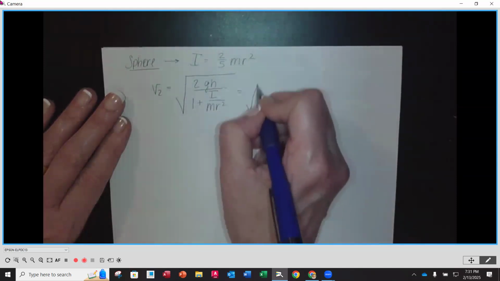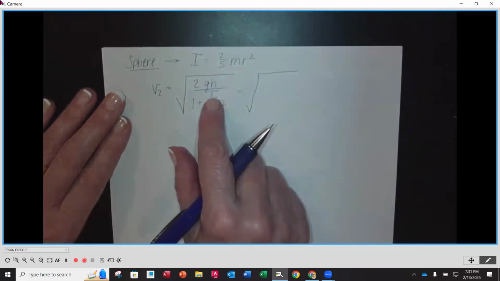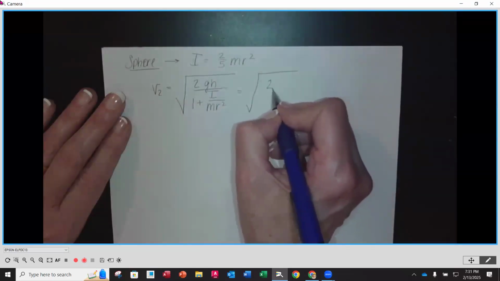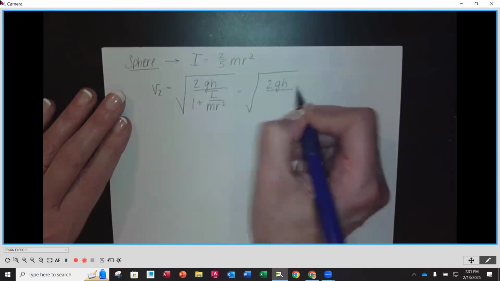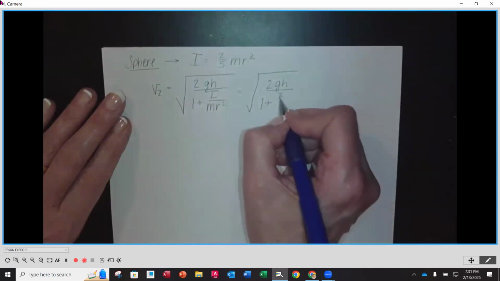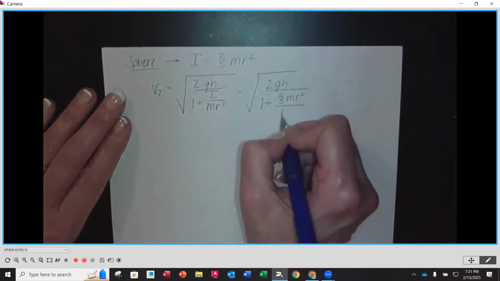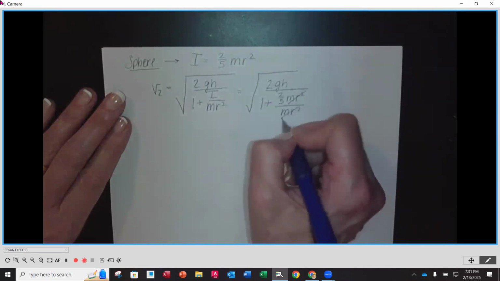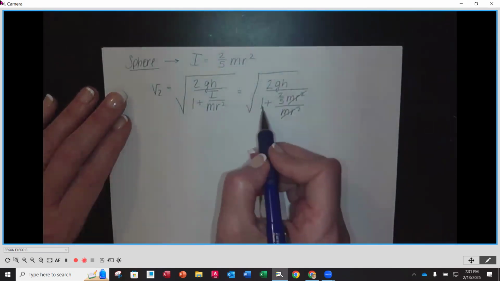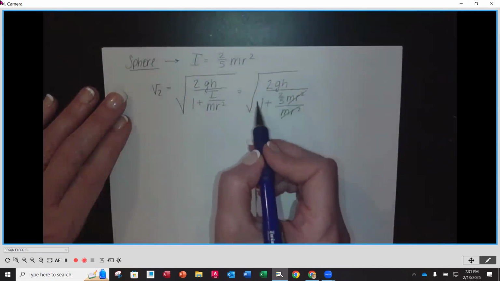Now I'm going to substitute in my value for I, 2/5 mr squared. So on top is going to be 2gh divided by 1 plus 2/5 mr squared divided by mr squared. The mr squared cancels top to bottom here, and I'm left with 1 plus 2/5 in the denominator.